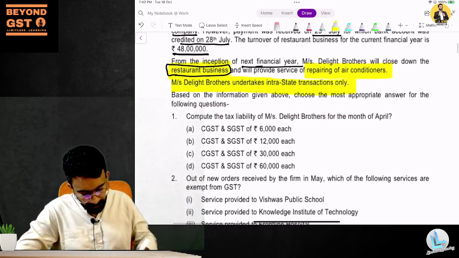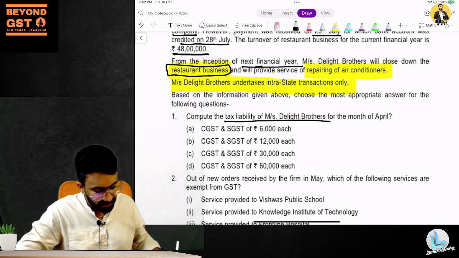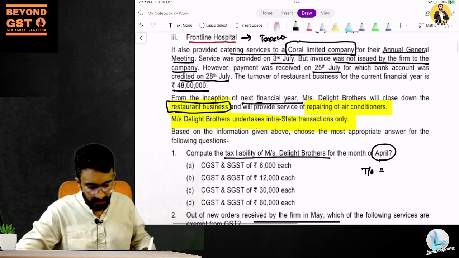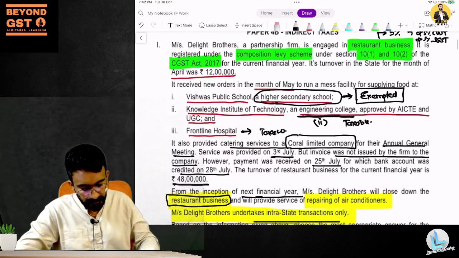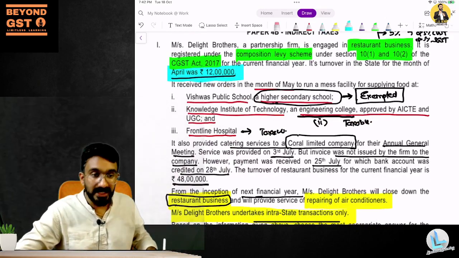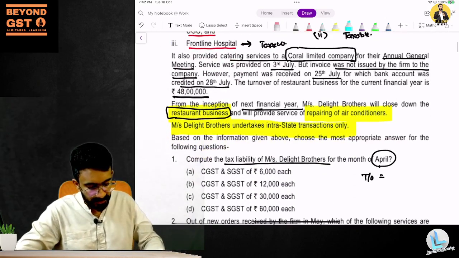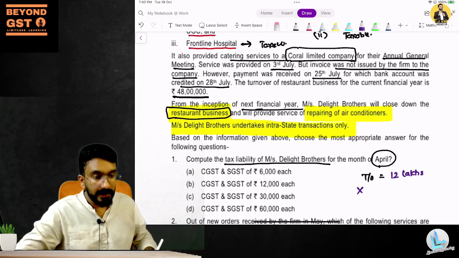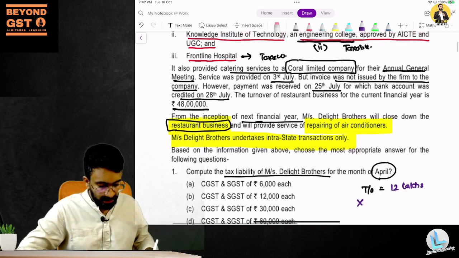First one, computation of tax liability of Delight Brothers for the month of April. What is the turnover for April in the question? 12 lakhs. Okay, so what is the percentage that we will have to pay if the restaurant is under the composition levy scheme? 5%. But what is CGST?